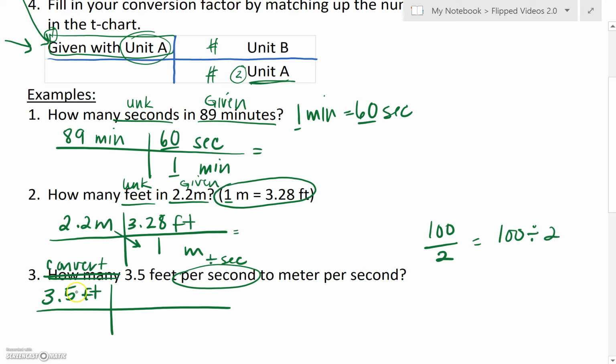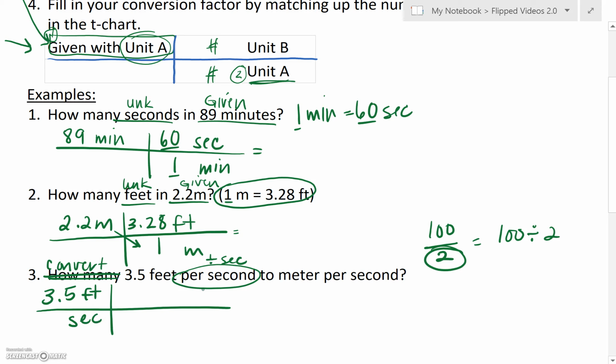Because we're doing a T-chart where there's a bottom and a top, anytime I'm dividing by something, I'm going to put it at the bottom. So feet per second means I'm taking feet and dividing it by second. So I'm going to put second down here at the bottom because it's per second.